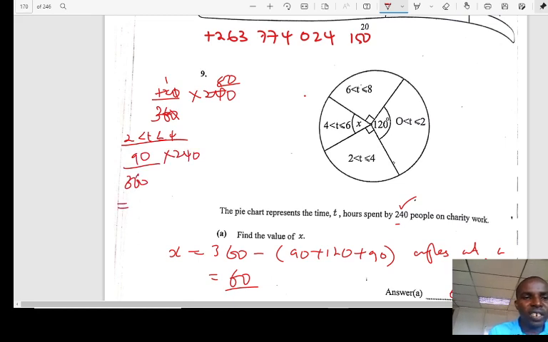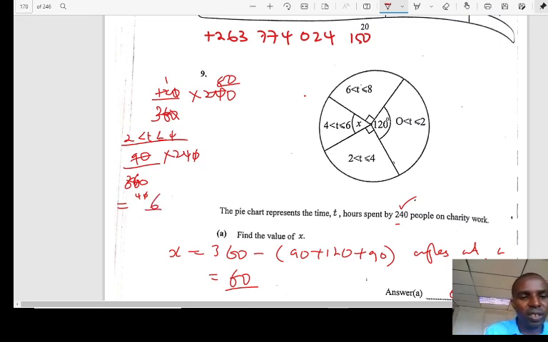Then what do you get here? 90 over 360, 9 into 36 is actually 4. It looks like it's 6. Let me just make sure here.